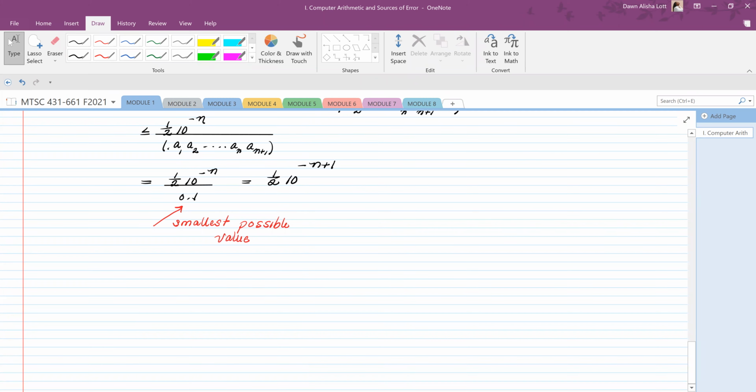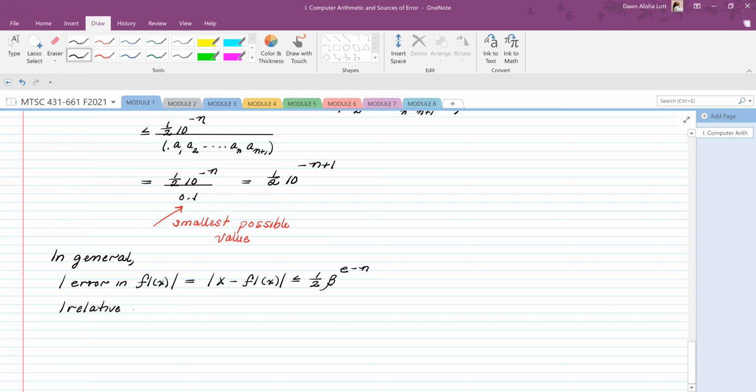So in general, we get that the absolute value of the error in FL is equal to the absolute value of x minus FL of x, and that's less than or equal to 1/2 beta to the e minus n, and then the absolute value of the relative error is less than or equal to 1/2 beta to the minus n plus 1.